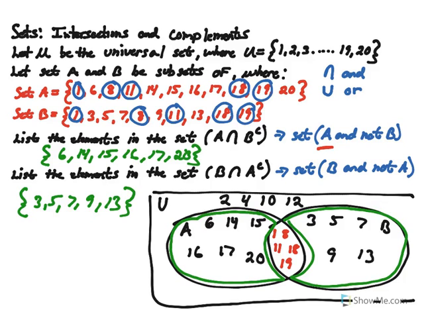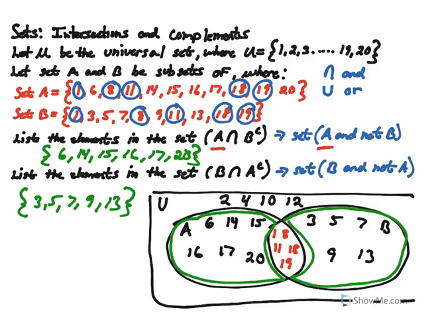So the problem is stating that you have all the elements in A that intersect all the elements that are not in B. Well, we have to consider the universal set here when we do this.